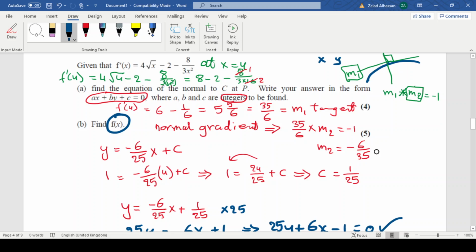So c equals 2 minus 8, that's a negative 13. This is the answer of this function.